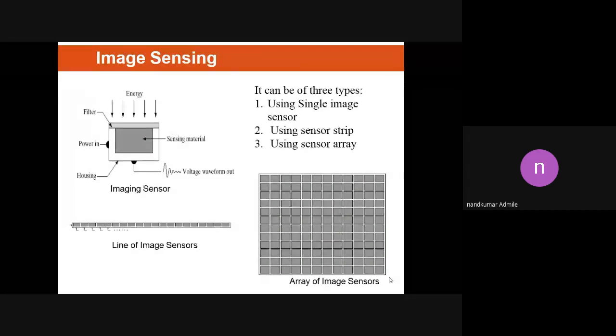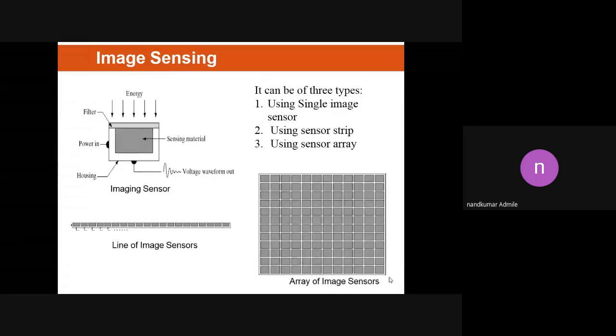Here we study how the image can be generated using a single sensor, and how the single sensor's disadvantage can be removed by a sensor strip. The sensor strip is generally used in the medical field and to capture images from satellites, in order to cover a larger area.